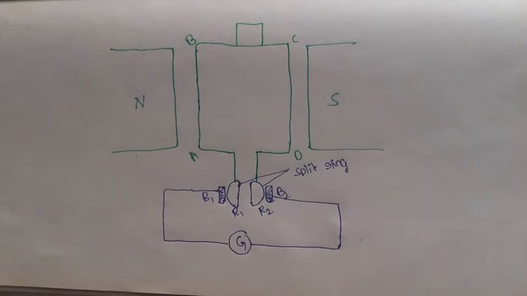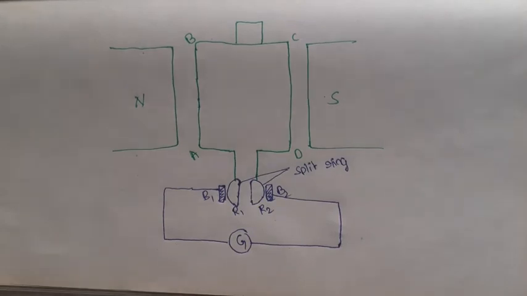So first, when the coil starts rotating, electromagnetic induction is going to take place in this coil. Next, induced current will be developed in the coil.